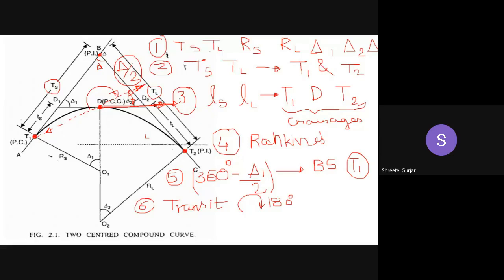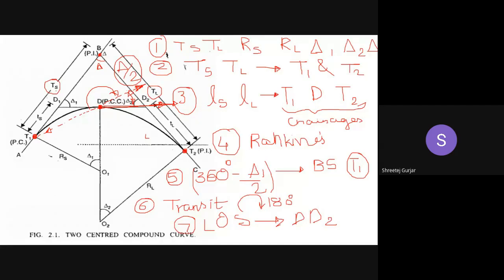Now once you do that, your line of sight is oriented in the direction of D2. This is what we want, because in Rankine's method you have to set your theodolite line of sight in your tangent direction.